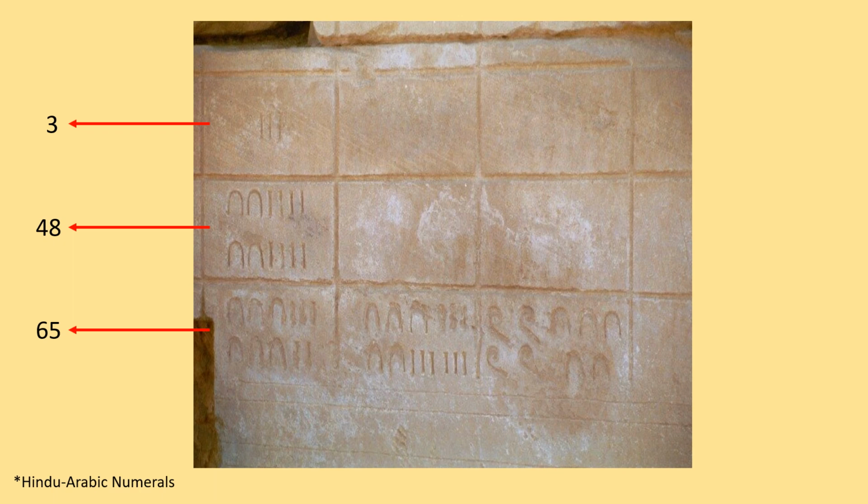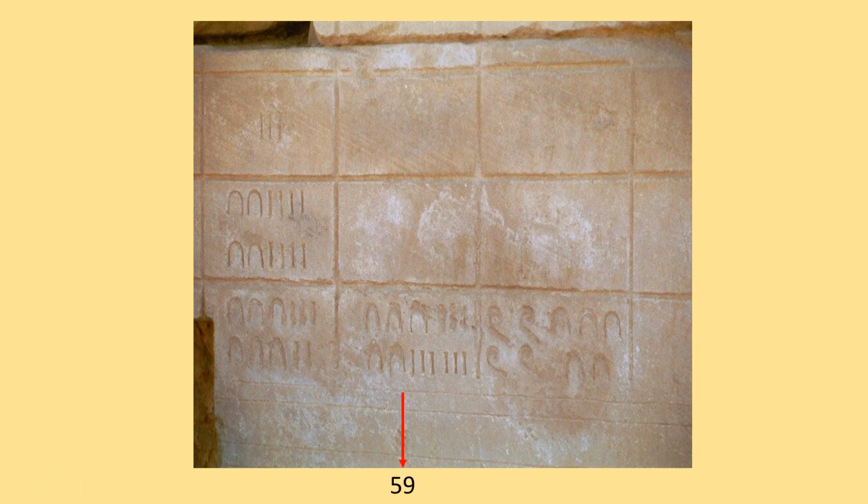The next one is 65. Again, we have 6 tens and 5 ones. At the bottom center, we see 5 tens and 9 ones. The ones are in groups of 3, so we have 3, 6, 9, giving us 59.